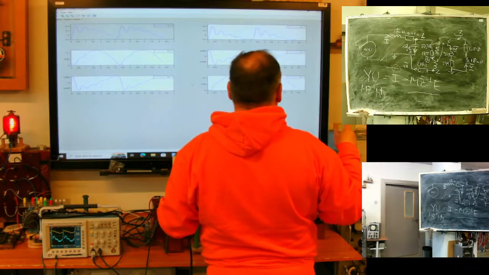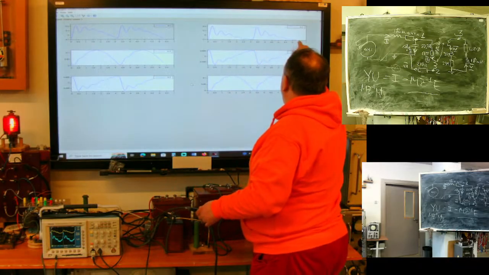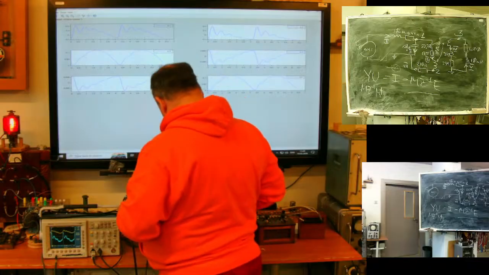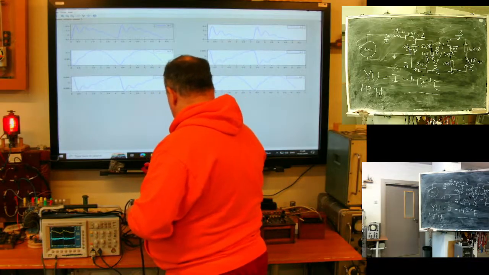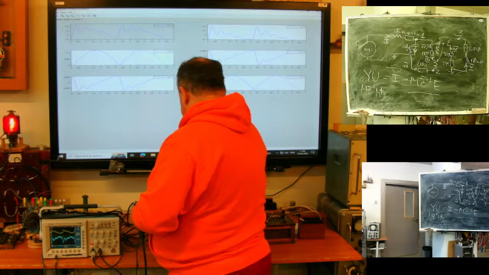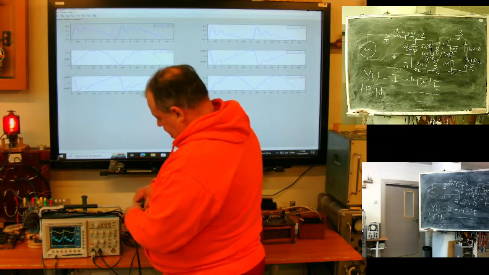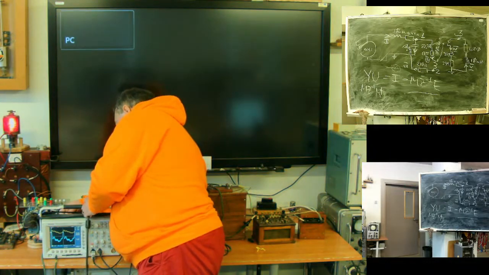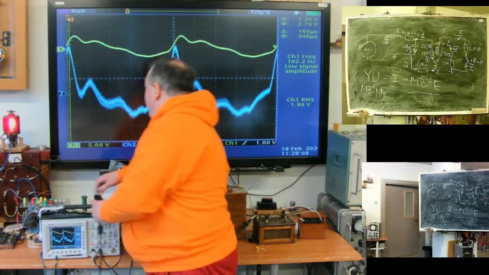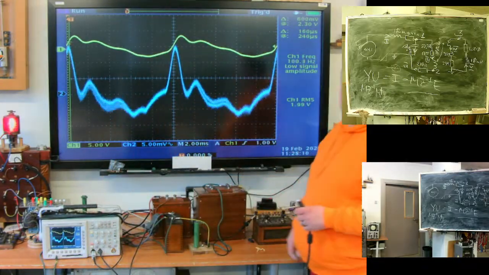Current in branch 2. Current in a branch 2, real.